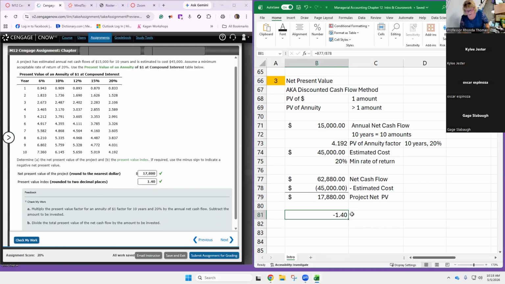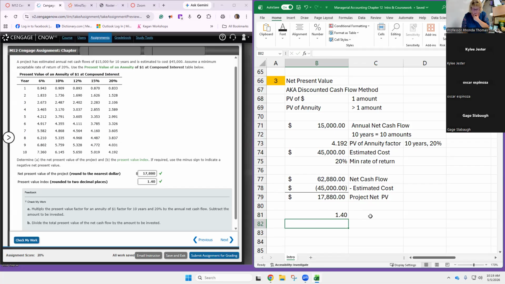I'm going to show you this again one more time. You take the net cash flow total that you figured, and then you divide by the cost, so that you get a positive number.